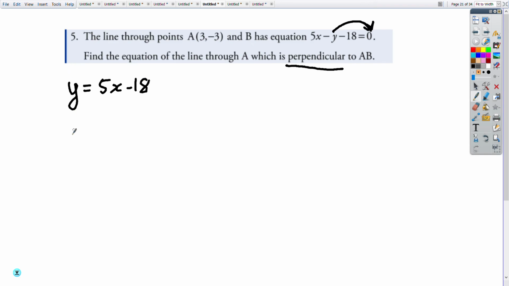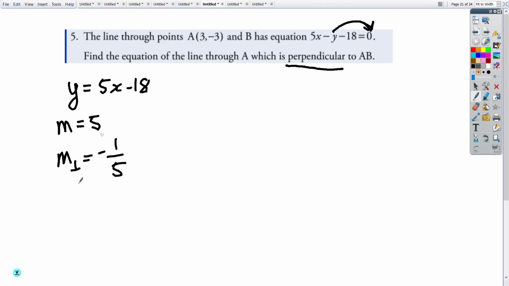So the gradient is 5. And if we want the line which is perpendicular to AB, a line going from A to B, we know the perpendicular gradient is then -1/5. So we flip the fraction and we change it to negative.